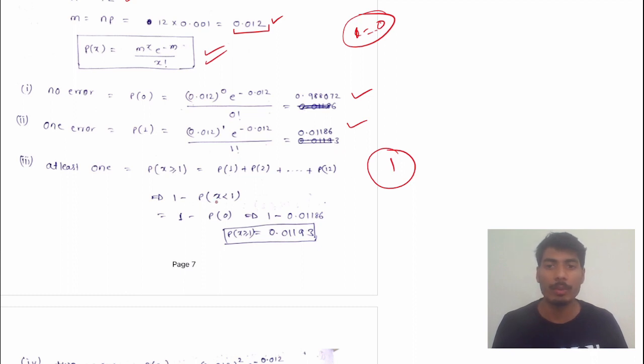So 1 minus probability of x less than 1. Probability of x less than 1 means probability of 0. So 1 minus probability of 0. We found P of 0 before, equal to 0.988072. After solving this, you get 0.01193.